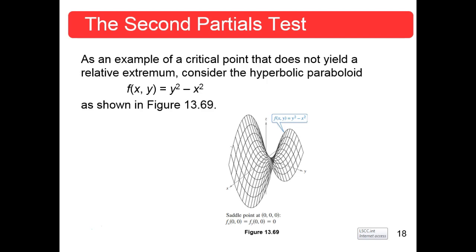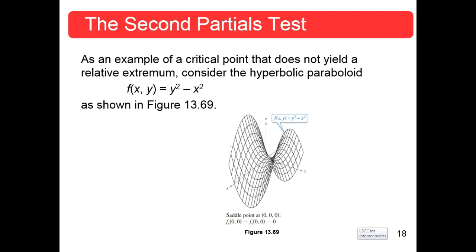Okay? And what you would find, you have a critical point here. The partial of f with respect to x is minus 2x. Set that equals 0, x equals 0. Partial of f with respect to y would be 2y. Set equal to 0 when y is equal to 0. And so 0, 0 would be your critical point.